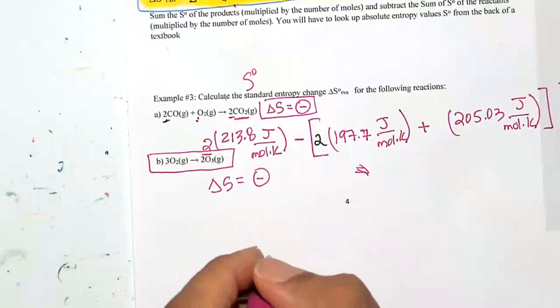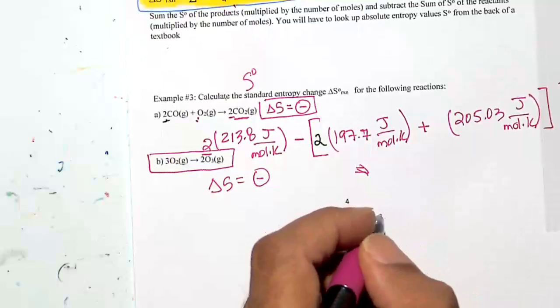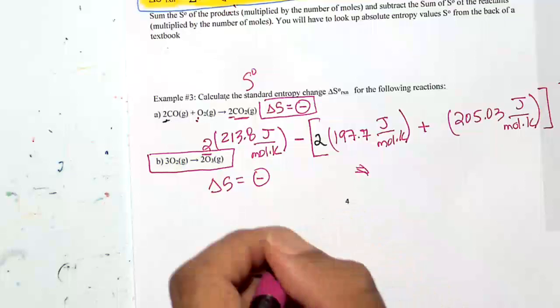What is O3, Allison? Is it there? O3 gas? Is it? See it? Isn't it 205.03?